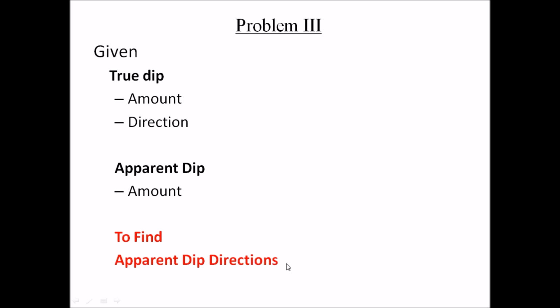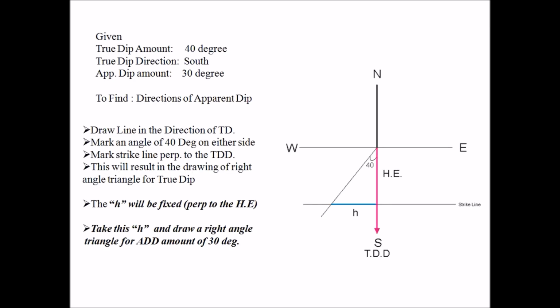We all know that for any apparent dip there would always be two directions of dip. So here the amount is 40 degrees, direction is south, and the apparent dip amount given is 30 degrees. We have to find out the directions of the apparent dip.